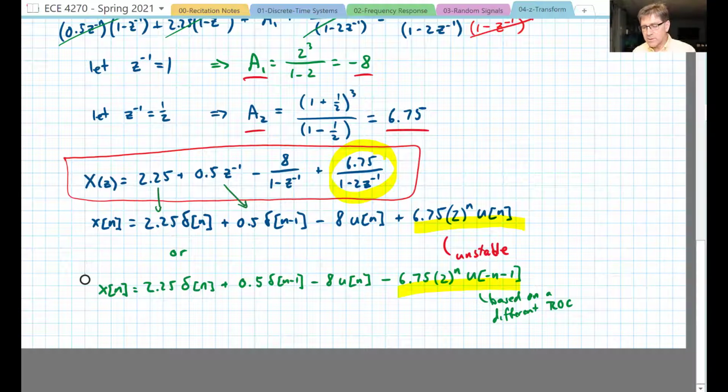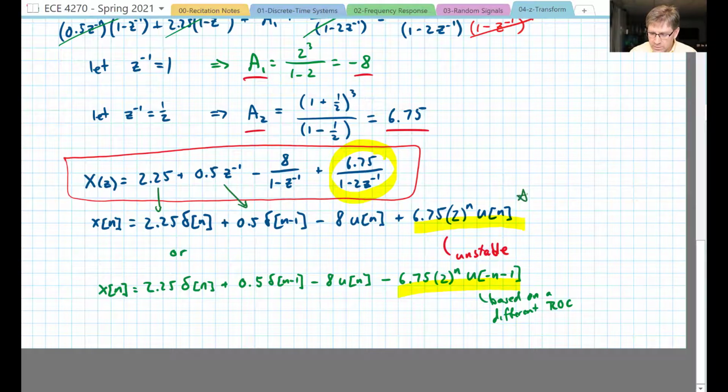As we discussed briefly when we were talking about Fourier transform pairs, if you have a situation like that, the exact same Z transform can be inverse transformed into a left-handed sequence that is stable.